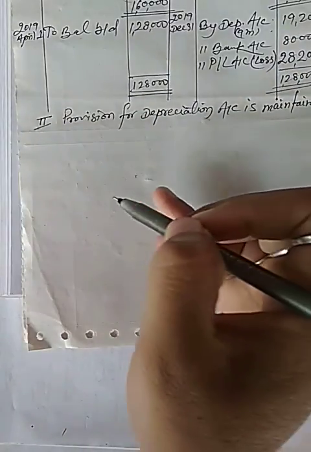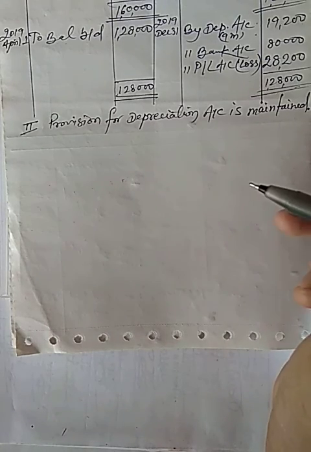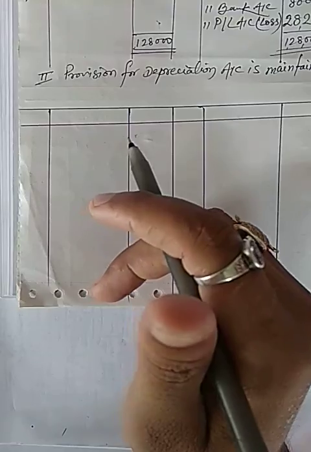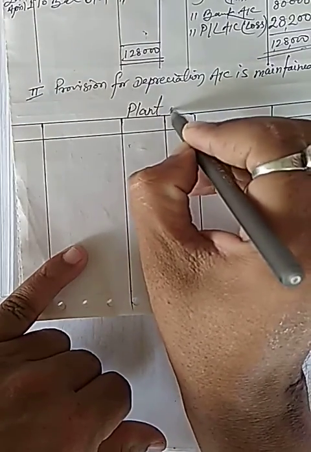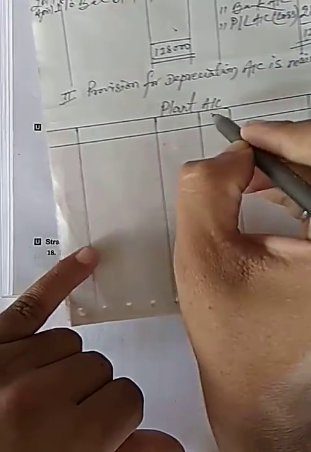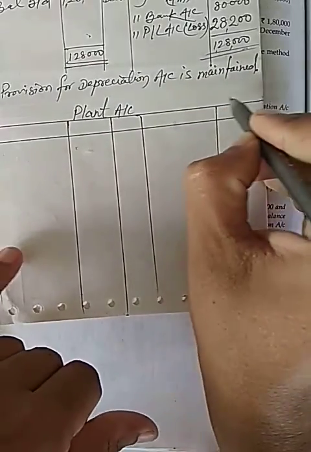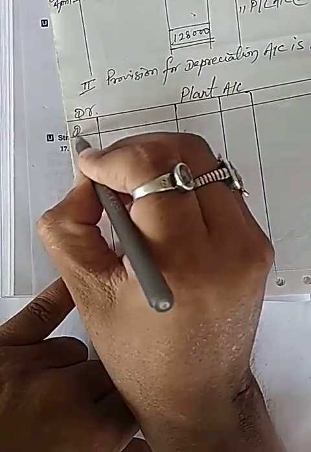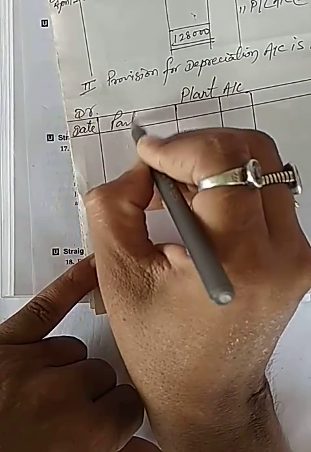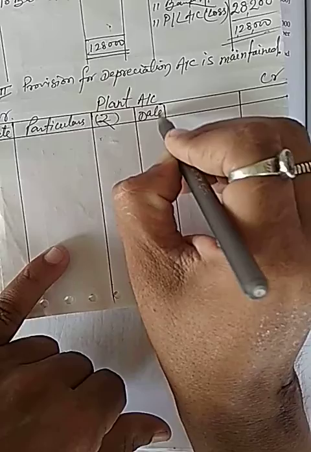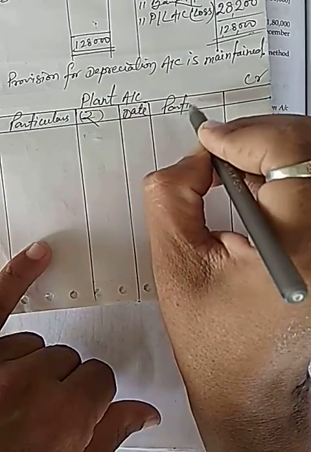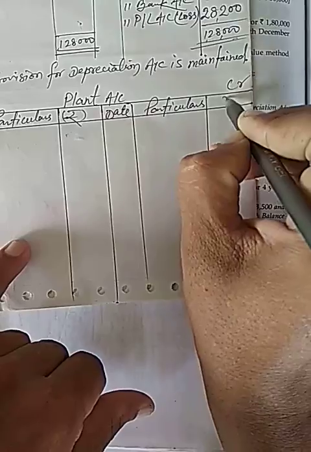So let us draw the format first. Now students, this is the plant account, DR side, CR side, date, particulars, rupees, date, particulars, rupees.